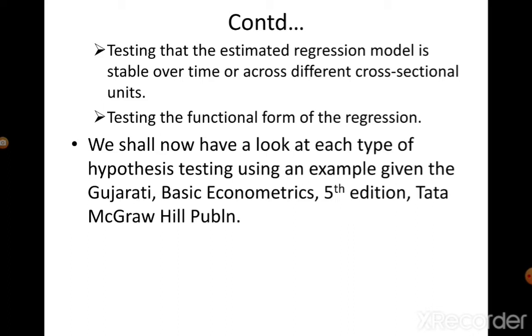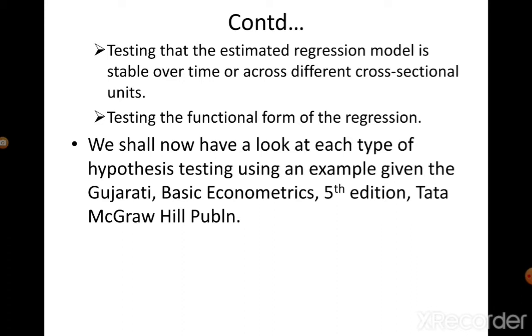So you could see if your regression model, which was estimated in the 1950s in the case of the consumption function, holds true or is stable over the years, and also true in the year 2000, a gap of 50 years later. And finally, you can test whether the functional form of the regression is correct or wrong, to get an idea about that.